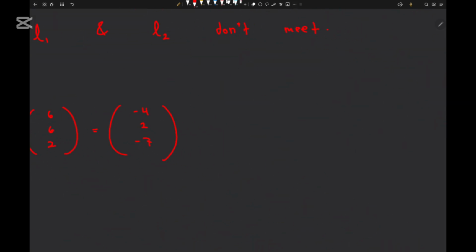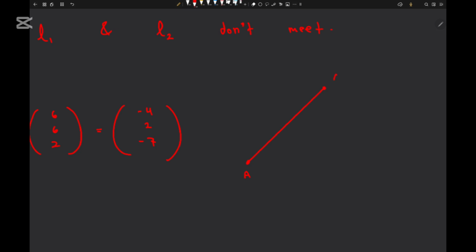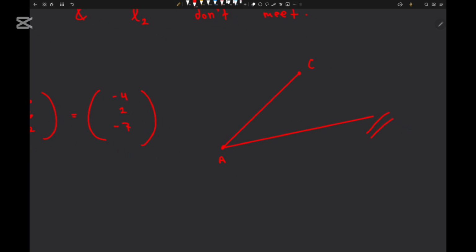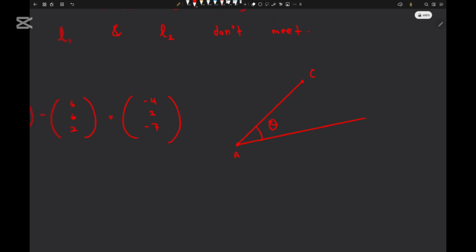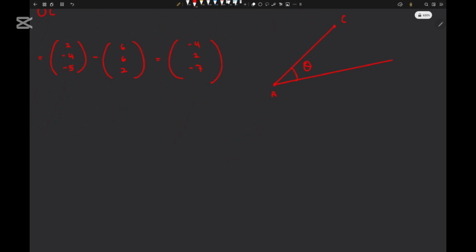Now let's say that the AC vector looks like this. This is the point A and this is the point C, and line L2 looks like this. This is basically the slopeness of line L2, which is basically the gradient of line L2. We just need to find this angle theta. So we're using the scalar product.